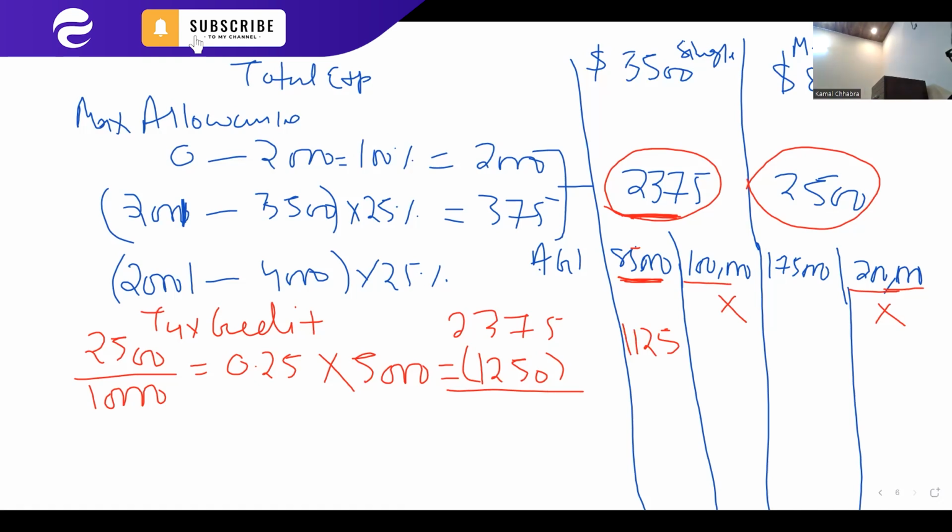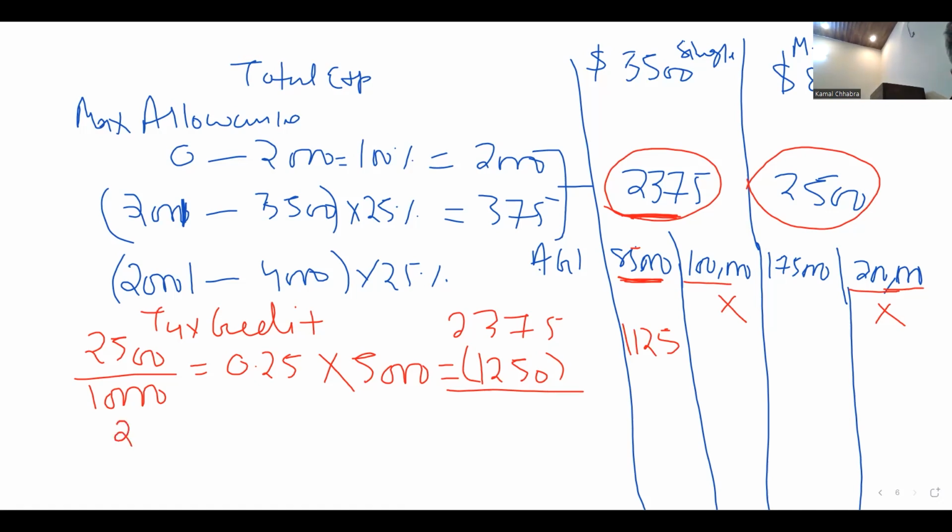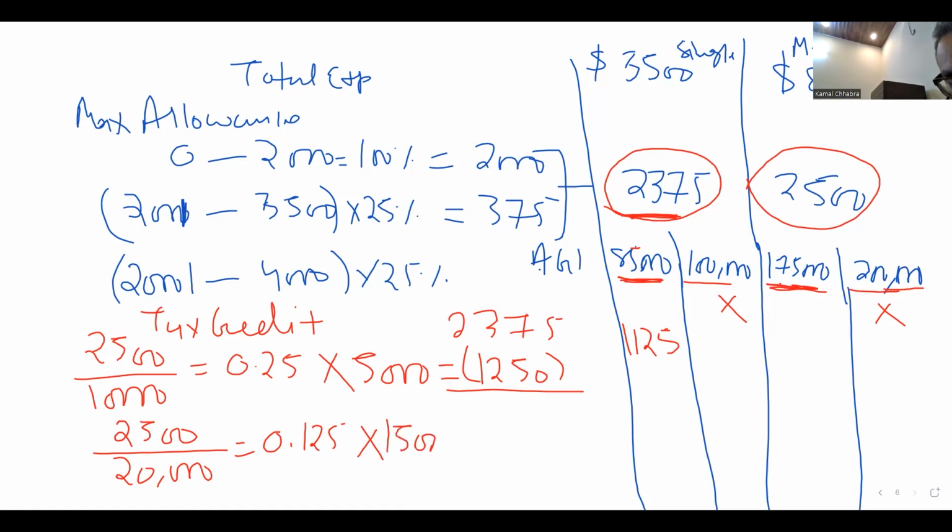Now coming to the second scenario. If you see, the limit is 160 to 180, right? So the maximum amount is 2500 divided by 20,000. This is 0.125, right? In that scenario, we'll be multiplying with how much is greater than 160? 175 minus 160, 15,000.